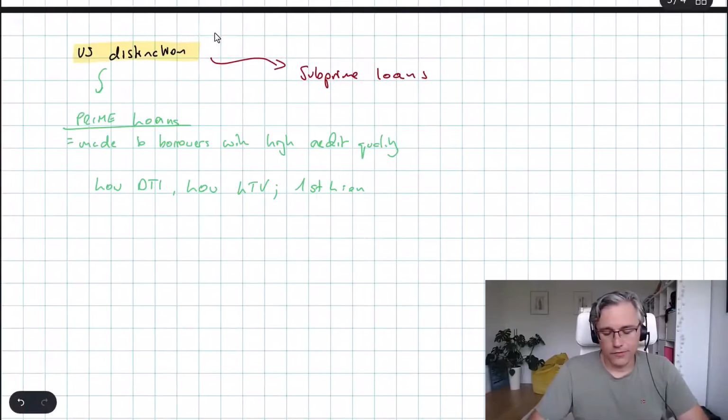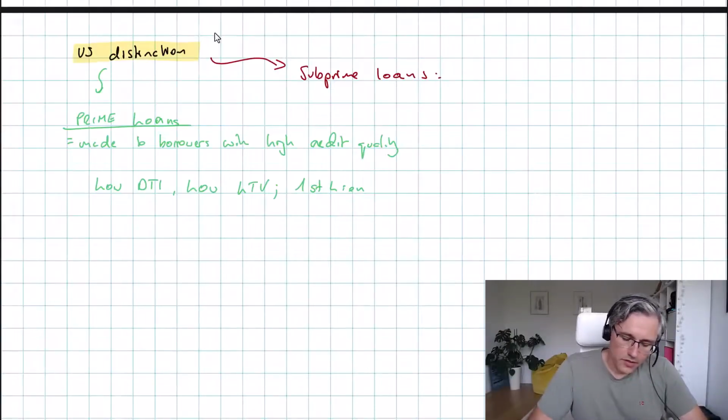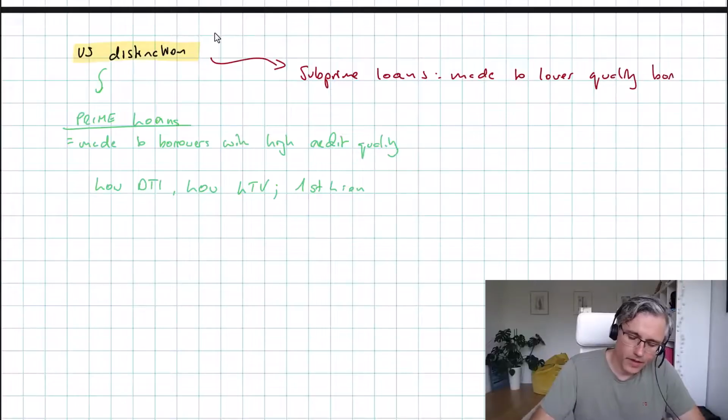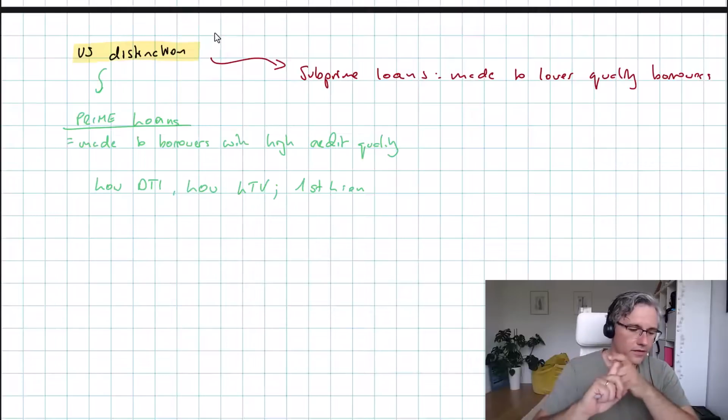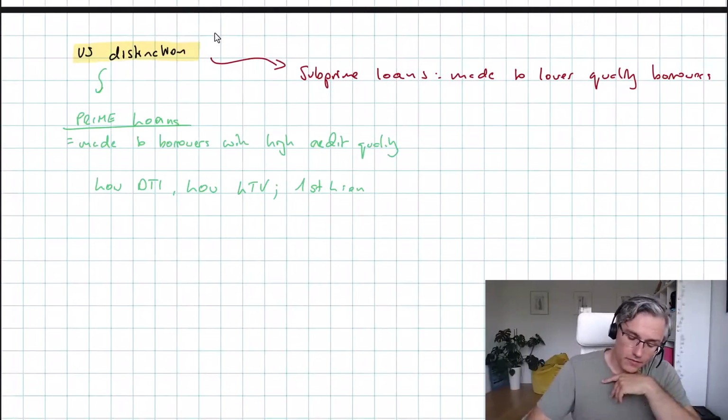On the other hand, you've got the subprime loans. These are obviously made to lower quality borrowers, and you'll definitely see higher DTIs, higher LTVs, and often these loans will be secured by, for example, a second lien.